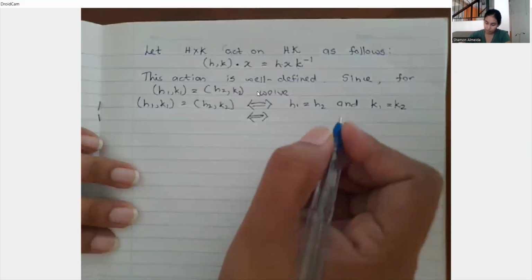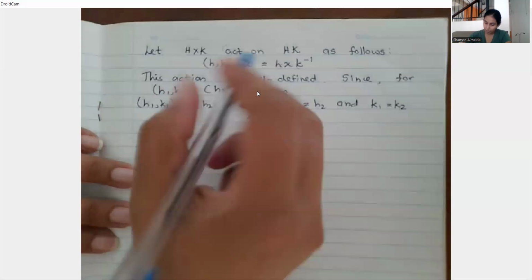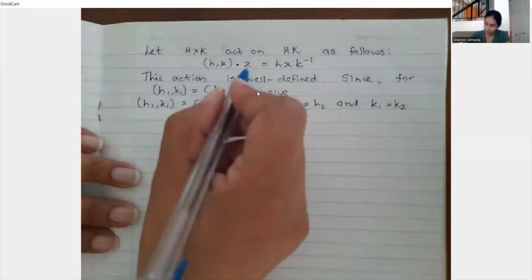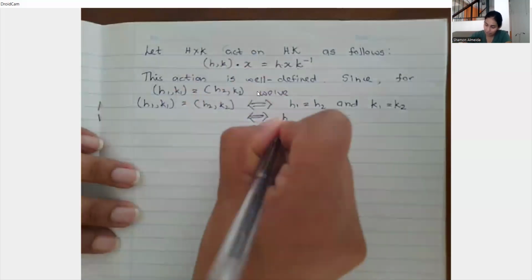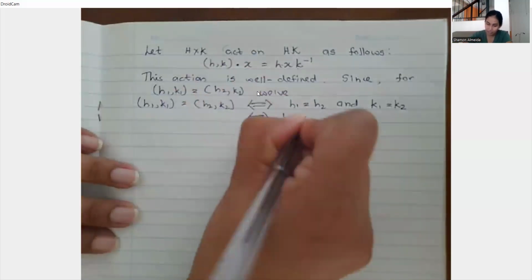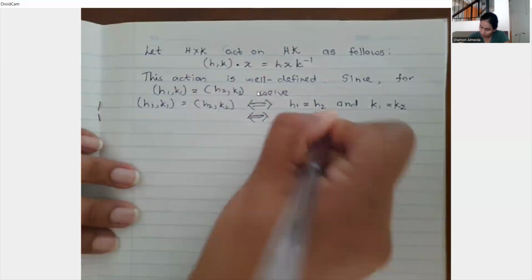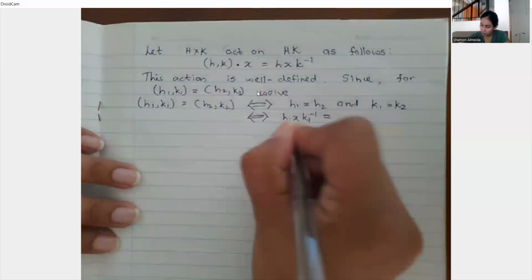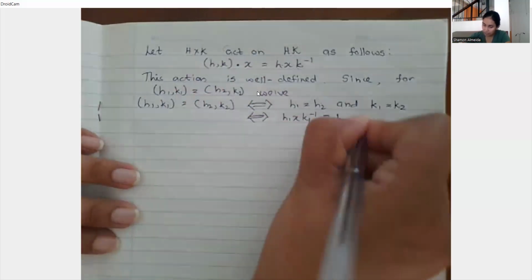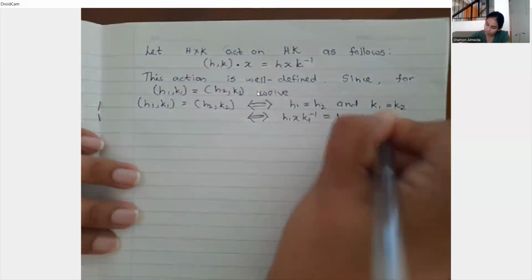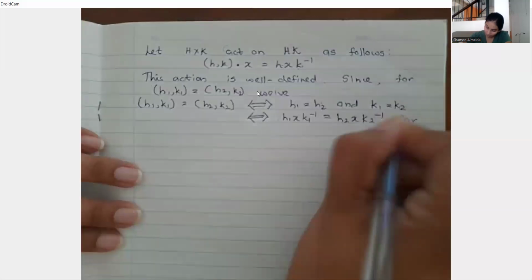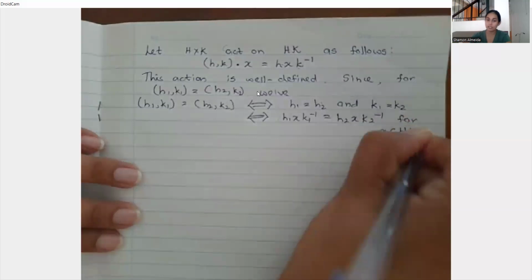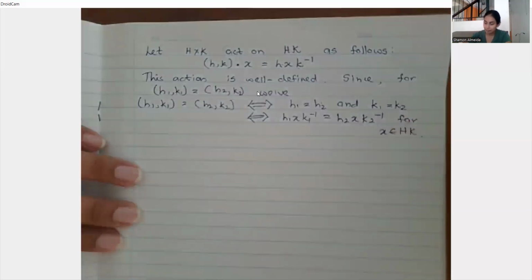If we take the group action of (h1, k1) with x, we must have h1 x k1 inverse equal to h2 x k2 inverse, because h1 is equal to h2 and k1 is equal to k2, for any x, not for some, for any x that you take from the set HK, right?